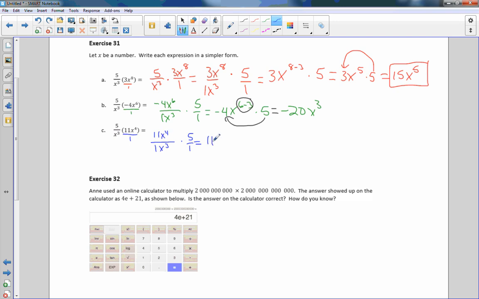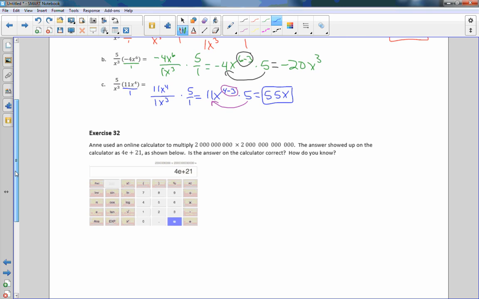X stays the same base. 4 minus 3, times 5 over 1, which is simply 5. I'm going to do 2 steps at once here. I'm going to simplify my power, and I'm going to multiply my coefficients, or my numbers. And that is going to give me 55x to the 1st, or just simply 55x.